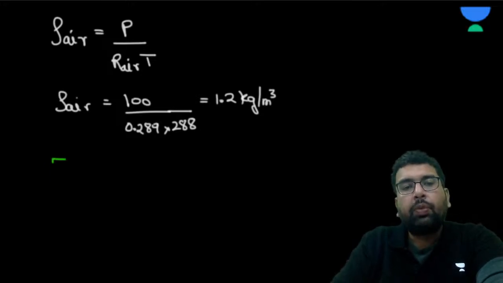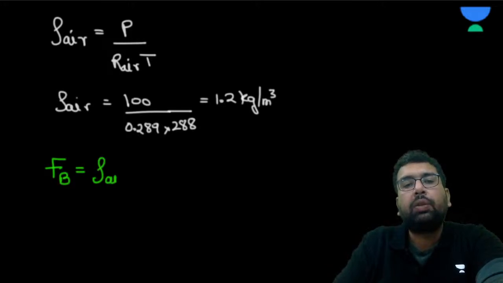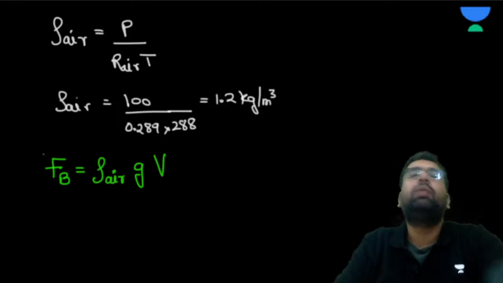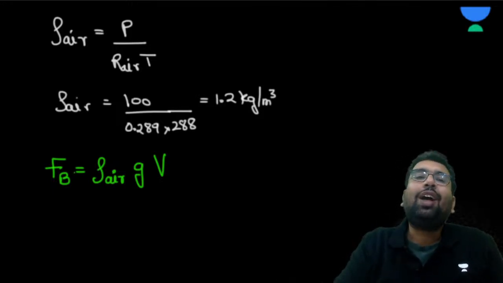So what will be the force of buoyancy? It is equal to the weight of the fluid displaced. So it will be rho of air times g times the volume of fluid being displaced, which is obviously equal to the volume of the balloon.